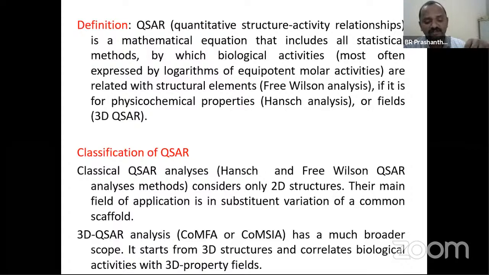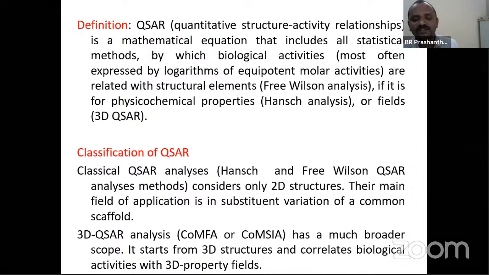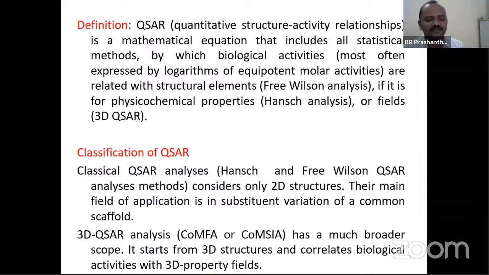Based on that itself, physicochemical parameters are calculated, or structural elements are taken as part of the two-dimensional structure itself, and it will be correlated with the biological activity. If it is with physicochemical parameters, then we call it Hansch analysis. If it is with structural elements, then we describe it as Free-Wilson analysis, that is, substituents at so and so position. So that is Free-Wilson analysis.